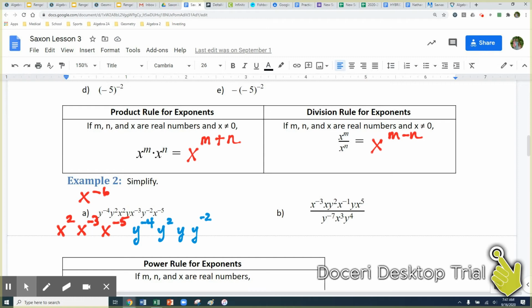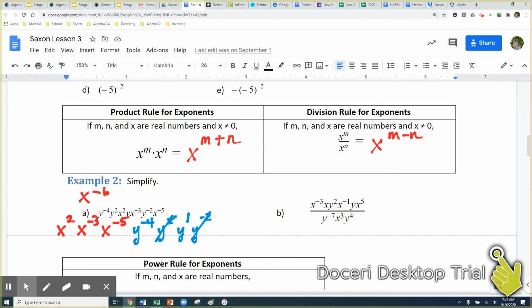And then you do your y's. Now I'm seeing something nice. If I have a plus 2 and a minus 2, what's going to happen with those two y's? That one's going to be gone, because 2 plus negative 2, what's it going to equal? 0. Boom, gone. So now I just got this y to the negative 4 and a y. Well, y is not with a power right now, but if we did have a power, it would be a 1.